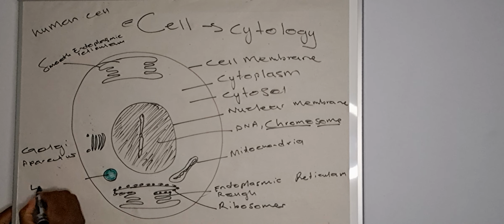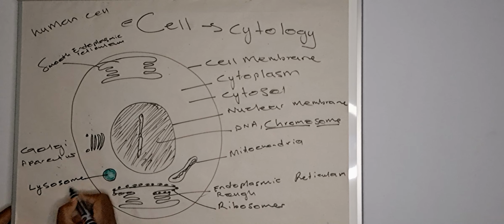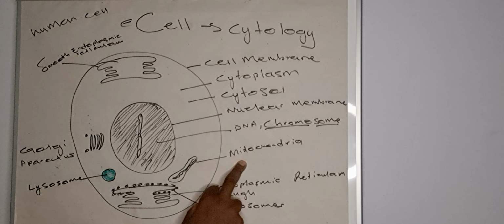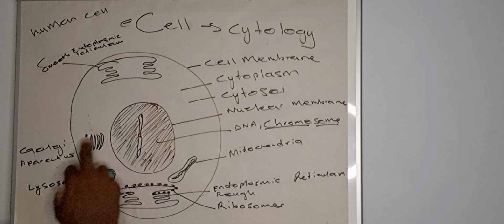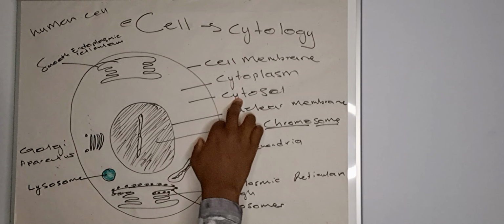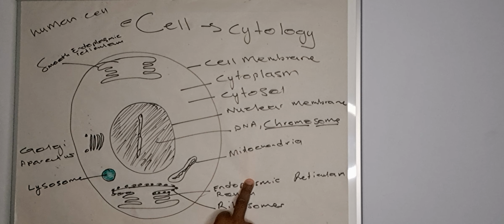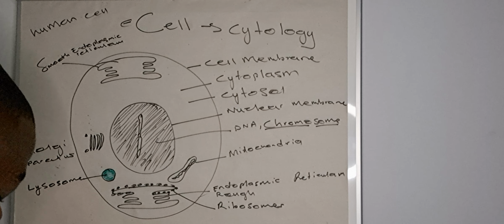This will be your lysosome. Lysosome. We have our mitochondria, we have our smooth endoplasmic reticulum, we have our Golgi apparatus, we have our cytosol. I think now it's time for me to start explaining.